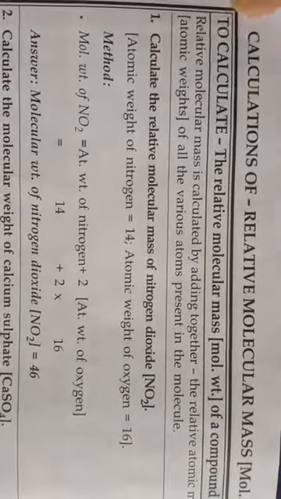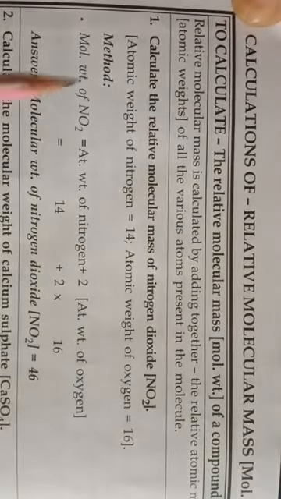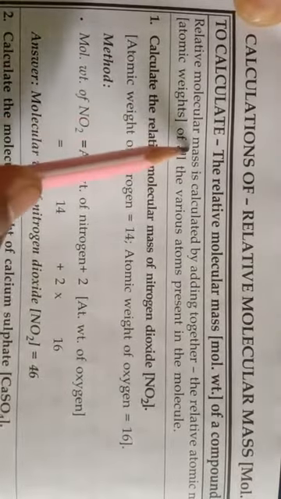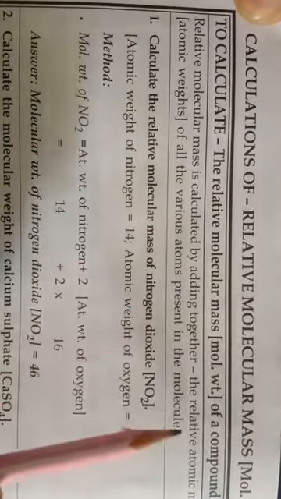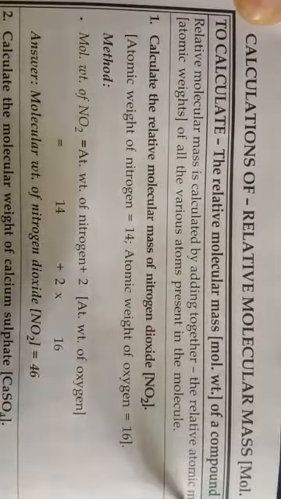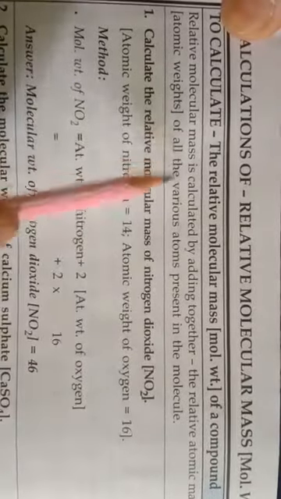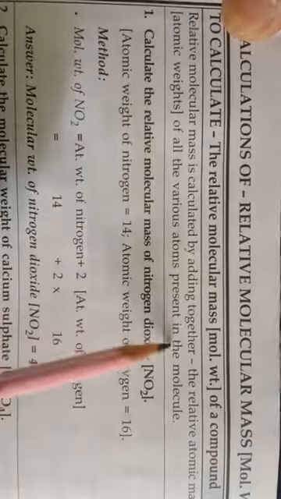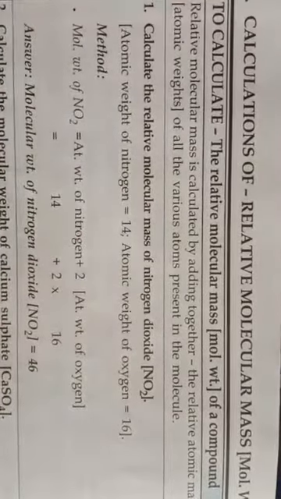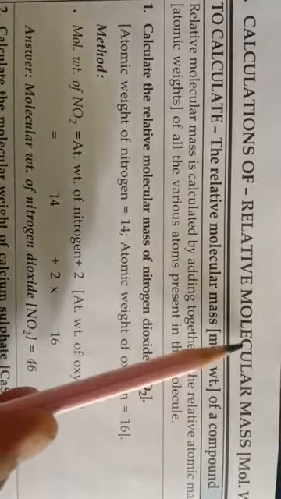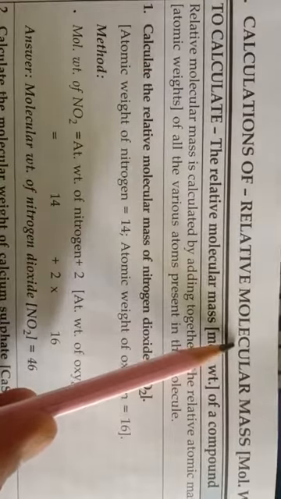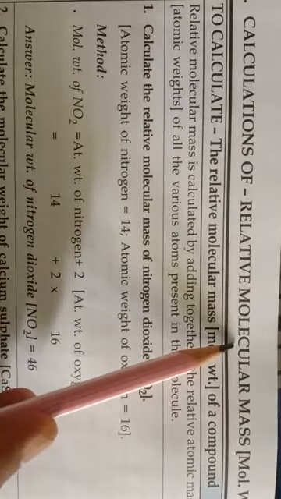Okay children, so relative molecular mass is calculated by adding together the relative atomic masses of all the various atoms present in the molecule. So to calculate relative molecular mass of any substance, two things we require.